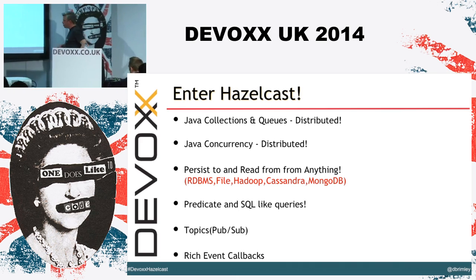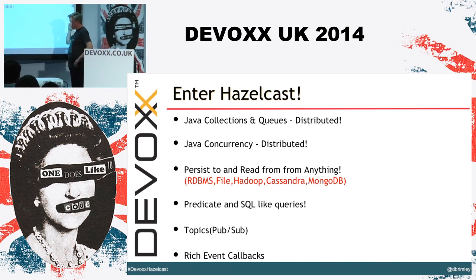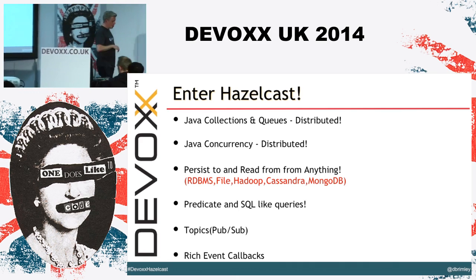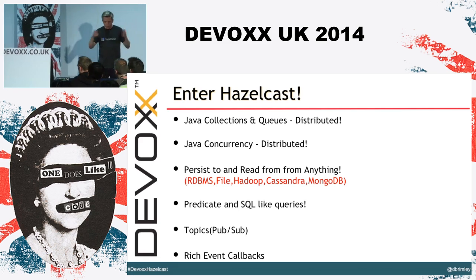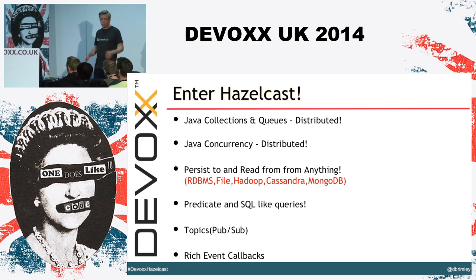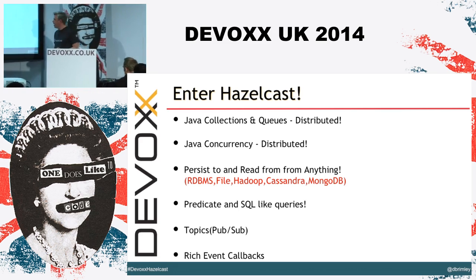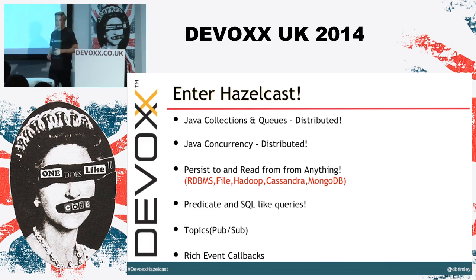And then just a few other things. We have topics as well. So if you don't want to go through the pain of setting up a huge pub/sub infrastructure, and you just want some simple pub/sub, you can use that out of the box as well. And then lastly, we have a rich set of event callbacks. So pretty much anything that goes on inside the cluster, you can get a callback on it.